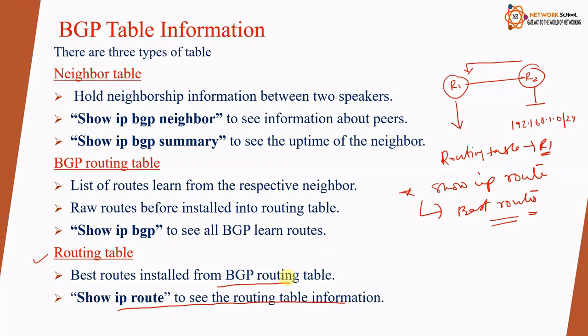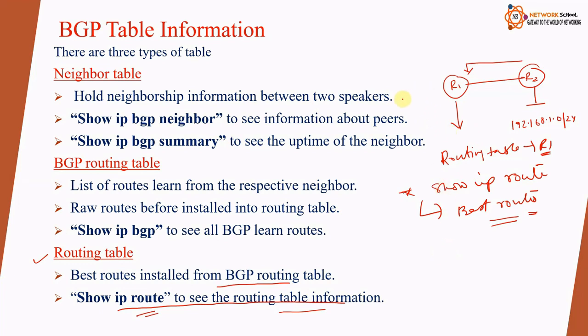When you would like to see the routing table, you just need to use the command show ip route, and you will find all the best routes installed in the routing table.